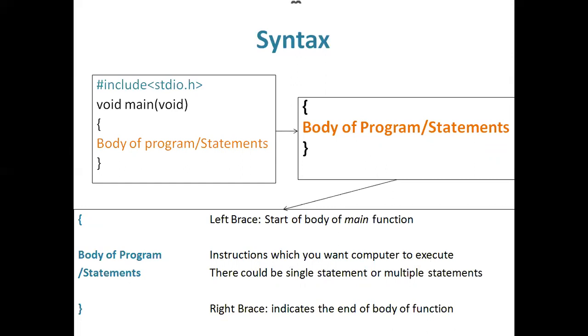There could be a single statement or multiple statements, only one line or hundreds of lines, it doesn't matter. After writing those lines, you put the right brace, which indicates the end of the body of the function. Here your main function is closed.